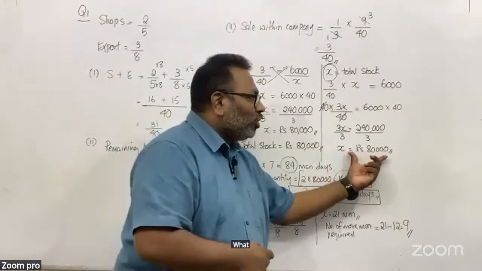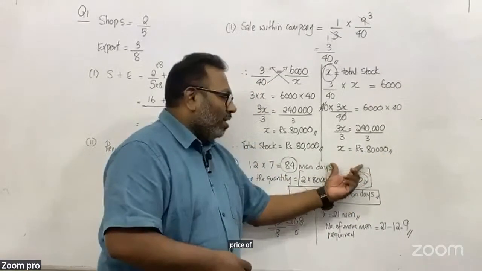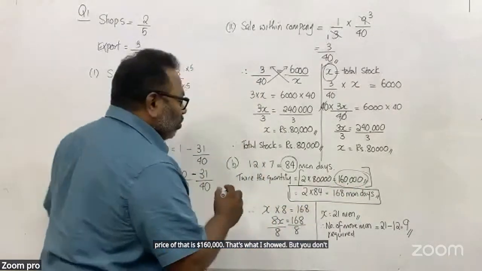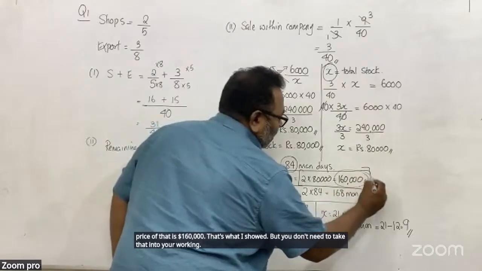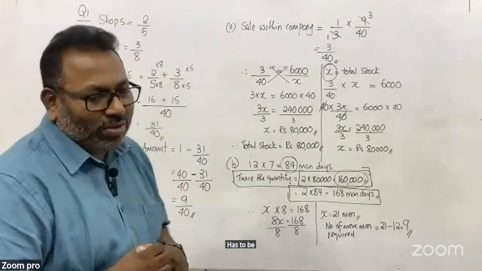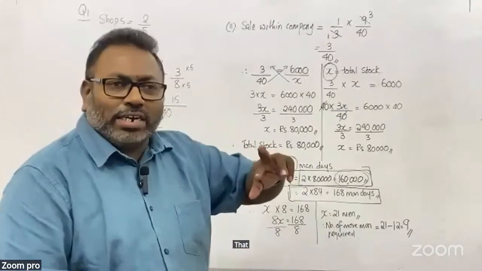What is the value of stock that was there? 80,000. Twice of that is 160,000. That's what I showed. But you don't need to take that into your working. Only this has to be taken into the working. I'm just showing you the amount of work that they need. They need twice that quantity.